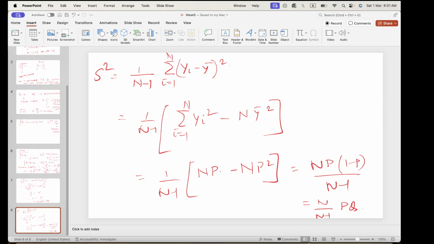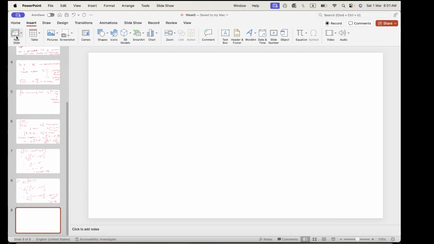So now we are going to derive the sample counterparts of these expressions. So let me do that. Here I have small s square, which we would estimate by capital S square.